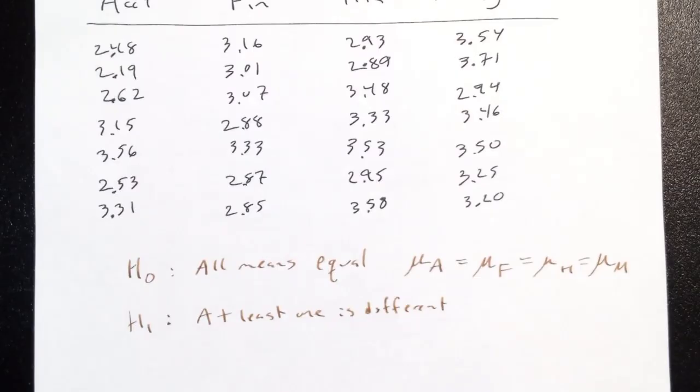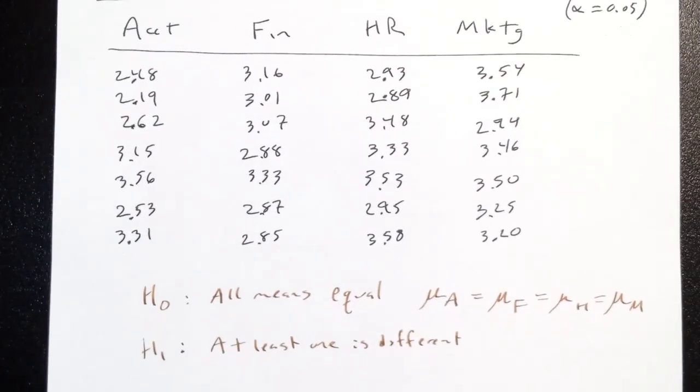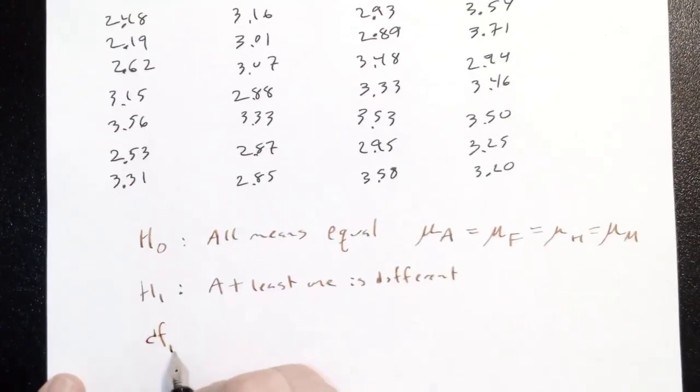Okay. If I were going to do this by hand, I'd need 2 pieces of information. I need the alpha, which was given to me in the problem, but I'd also need the degrees of freedom. I need the degrees of freedom for the groups, and I need the degrees of freedom for the entries. So, degrees of freedom 1 is for the groups.